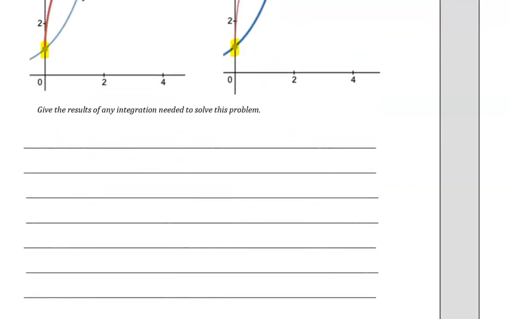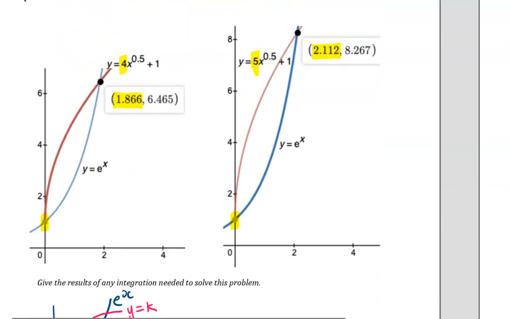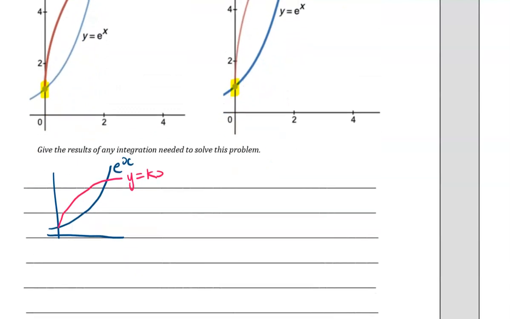So if I draw a little picture of what I'm talking about, that might help. We've got our graph here, the original e to the x, and then some other function like this, y equals k x to the 0.5 plus 1. And we need this intercept just here to come down at 2.